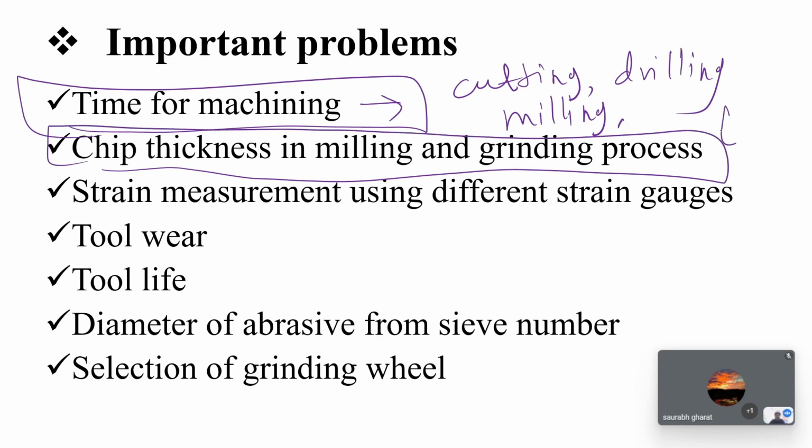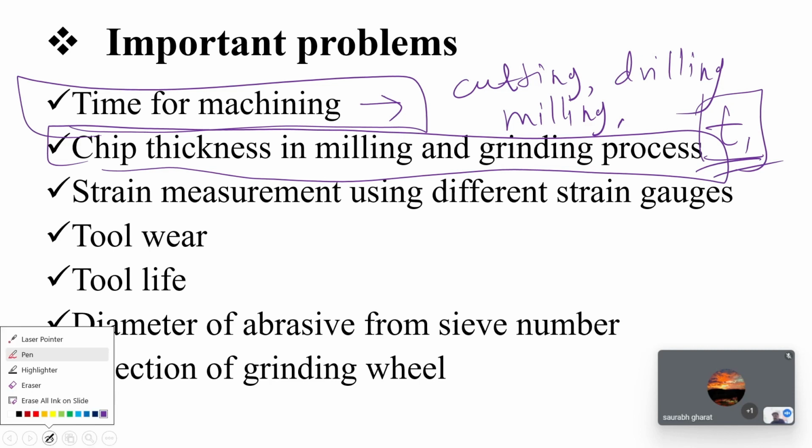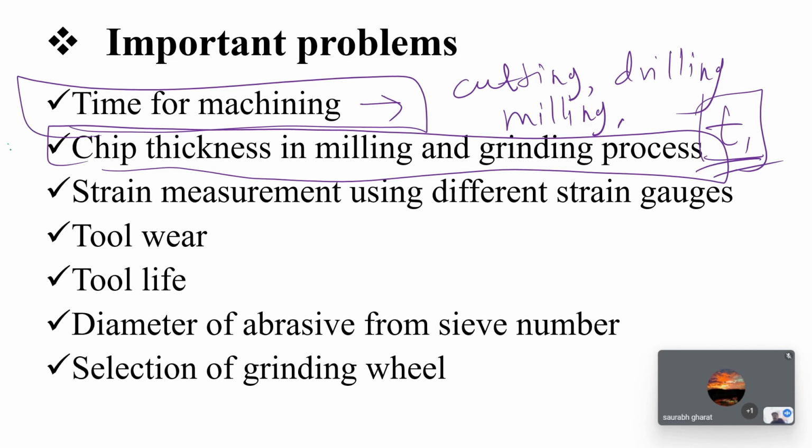You must consider the T part: how to calculate the chip thickness T1. That formulation part you must consider, and it is just a formula. So machining time again, work on formulas, and chip thickness again, work on formulas. Both are actually formulation problems.